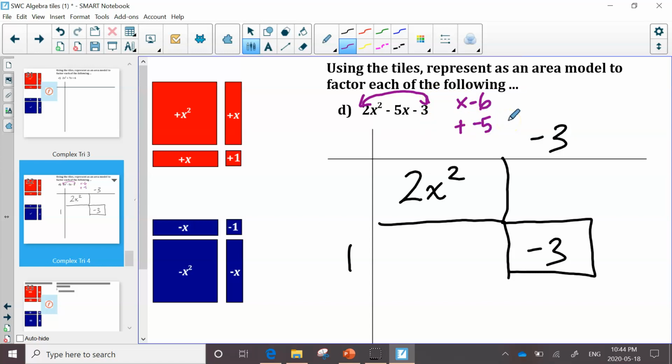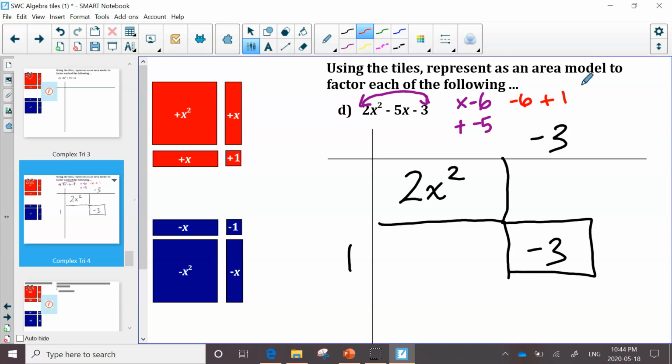So what's going to add to give me -5, but also multiply to give me -6? It's not -2 and -3, because that's two negatives. That would give me a positive if I multiplied. So it must be -6 and +1.